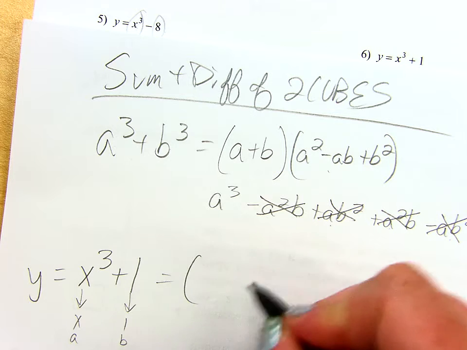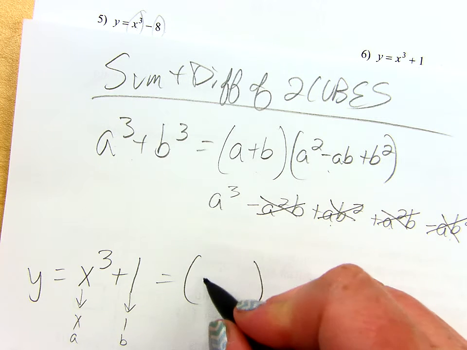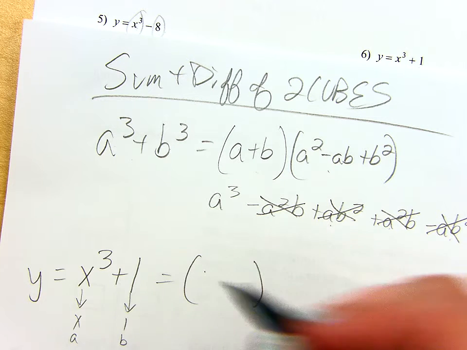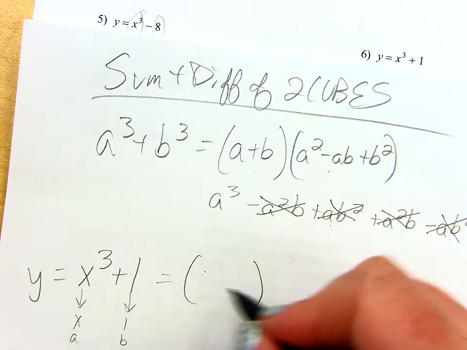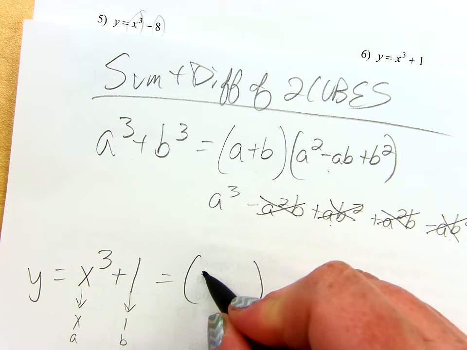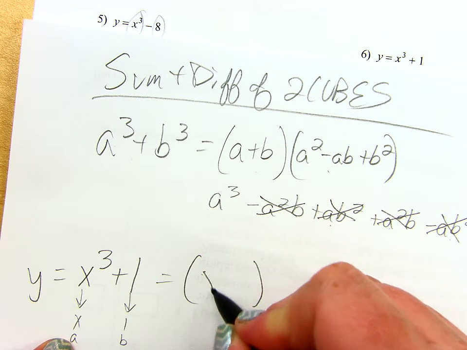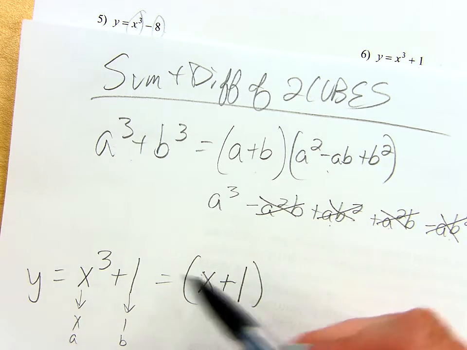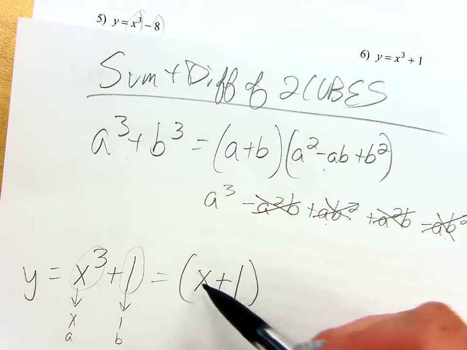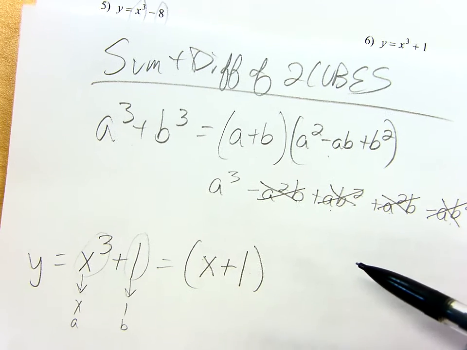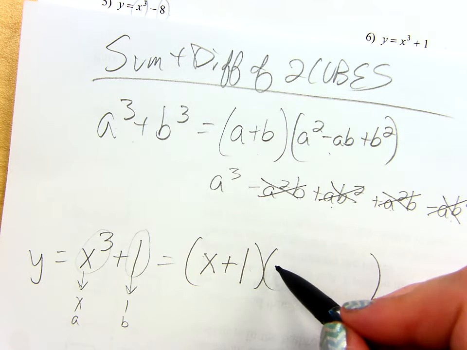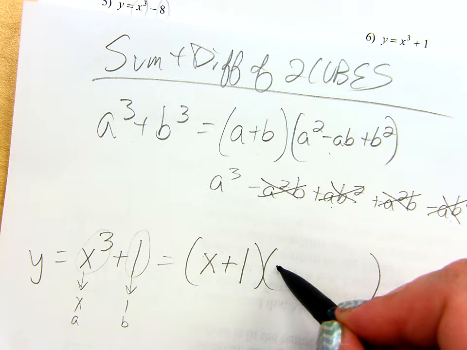So when I follow this pattern, a plus b, what will go in this first thing here? A, which is really x plus 1. It's the cube root of each one. So the cube root of that and the cube root of that. Now, in my trinomial here, I need whatever a is squared.